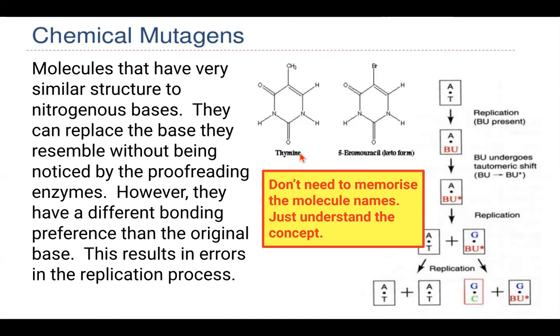So if you have this replacement happen, later on when you're doing DNA replication, your bromouracil is going to end up having different things bonding to it. That's going to change the original sequence of your DNA. You get a substitution mutation.